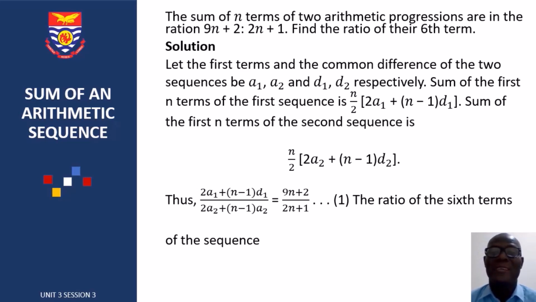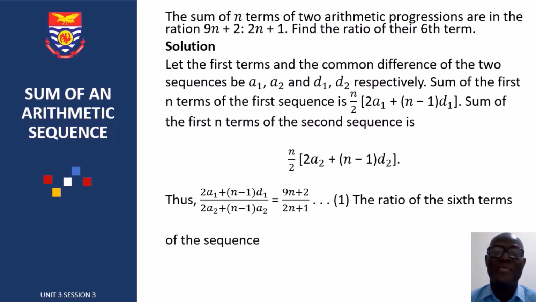Likewise, we let d subscript 1 be the common difference for the first sequence, and d subscript 2 being the common difference for the second sequence. But we know the sum of the first n terms of a sequence is given by n over 2 into square brackets 2a plus into braces n minus 1 multiplying d.